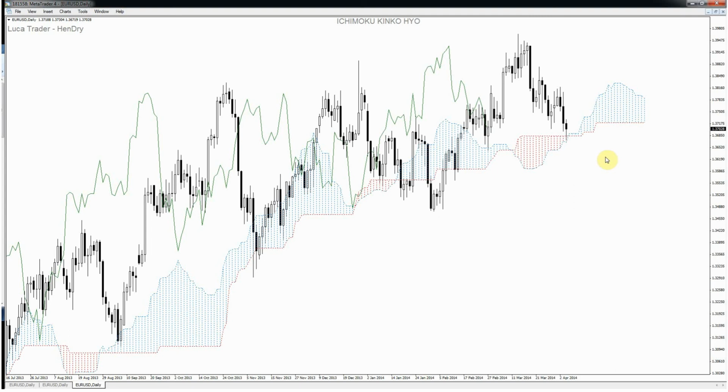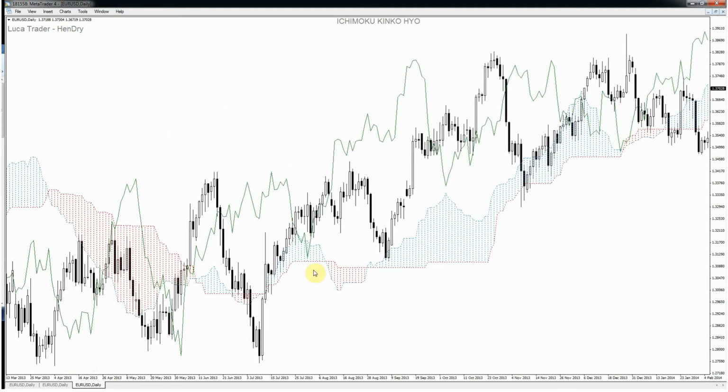In order to get a bullish Kumo cloud, we need to make sure that Senkou span A is right above Senkou span B. In order to get a bearish cloud, Senkou span B is right above Senkou span A. Right, let me explain how this is drawn.